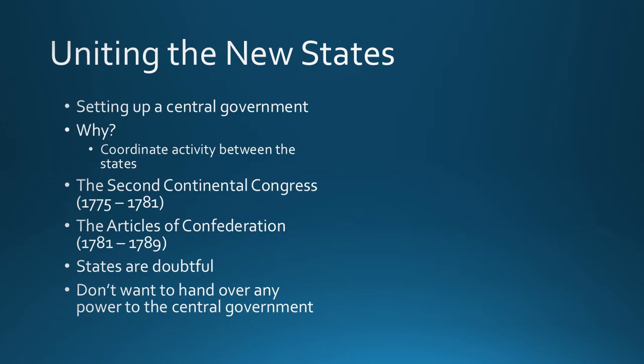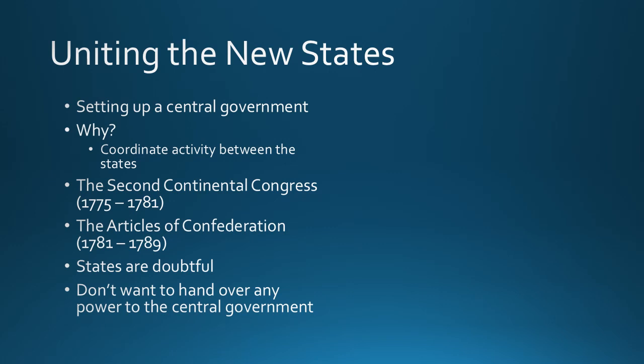We're going to be talking about this in much greater detail in the next slideshow. But basically what you need to know now is that the 13 states are doubtful of setting up a strong central government. They just got rid of an oppressive king, and what they want to do is make sure that their freedom, which they fought a war for, is preserved.